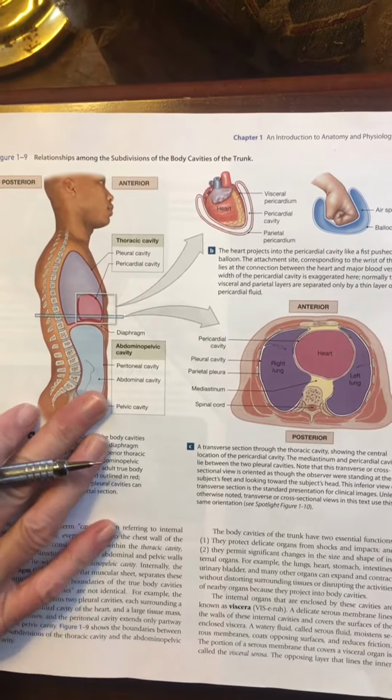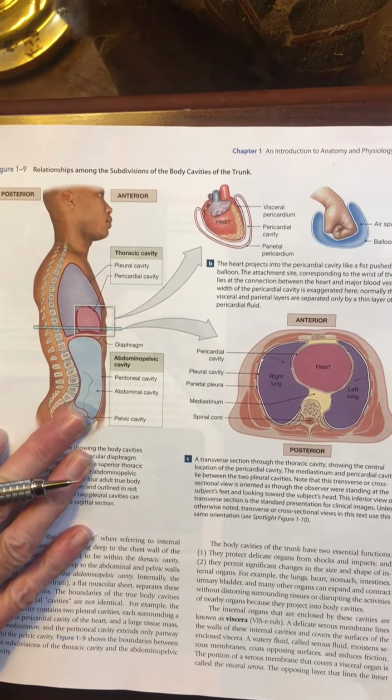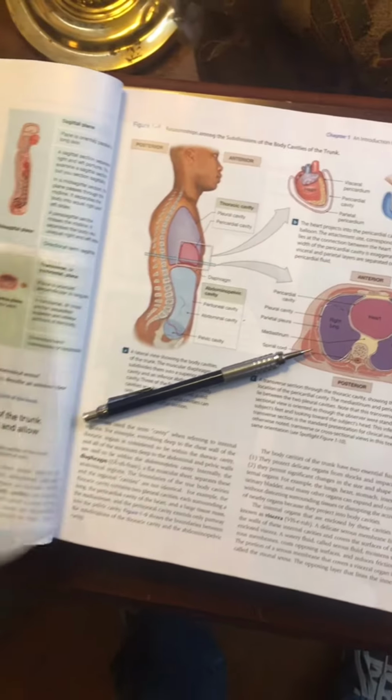Now, what do I mean by a pleural membrane? Well, a pleural membrane is very similar to this Ziploc bag here. Let's just say my hand is an organ. Well, it would be surrounding my hand. And you've got two surfaces, and look at how these surfaces can easily slide over one another. You can see it here in the book.